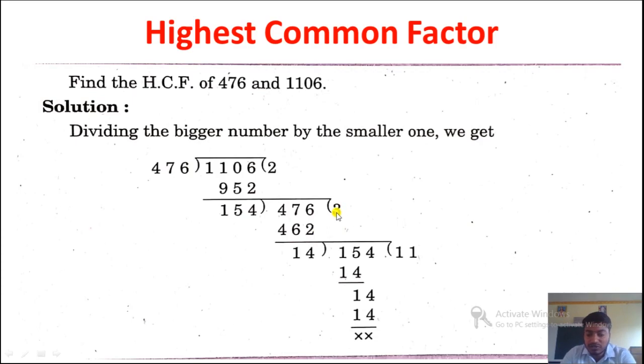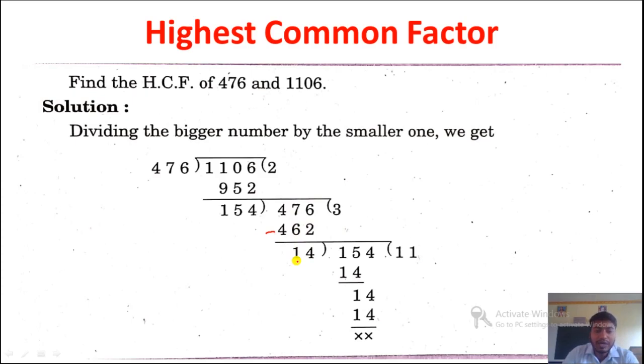How many times will it go? 3 times. 3 times 4 is 12, carry 1, 3 times 5 is 15 and 1 is 16, write 6 and carry 1, 3 times 1 is 3 plus 1 is 4. Now we subtract. 6 minus 4, 7 minus 6 is 1, and we got the remainder 14.